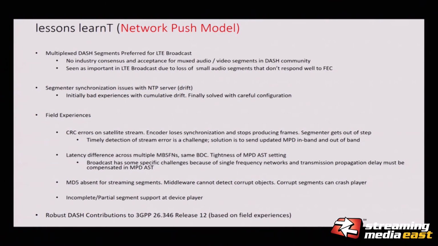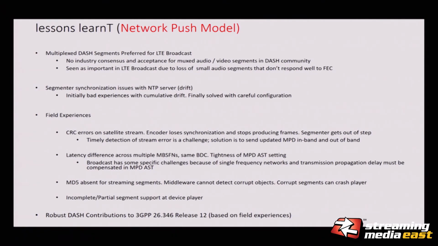This is simply because the FEC that is used doesn't work well for audio segments that are very small. And so we found it better to multiplex them and send them.